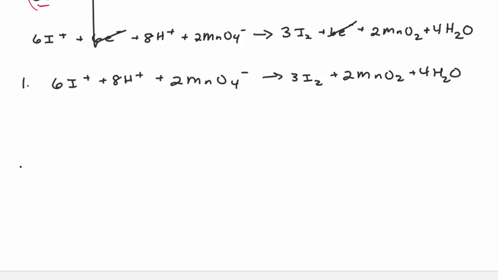Now, to convert this into balanced with a basic solution, I need to neutralize these acidic hydrogen ions. So I'm going to add 8 hydroxides to both sides, because what I do to one side of the arrow, I have to do to the other. And then I have formed 8 water molecules on that side.